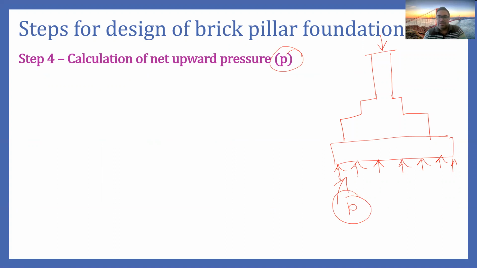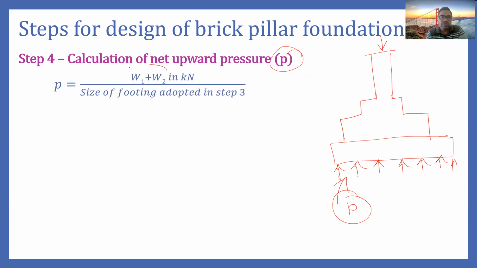So this pressure, as we know, the formula for the pressure is force upon area, and here the force is W1 and W2. W1 is the external load and W2 is the self weight of pillar. So load below the soil or below the ground level, we don't consider in calculation of the net upward pressure.